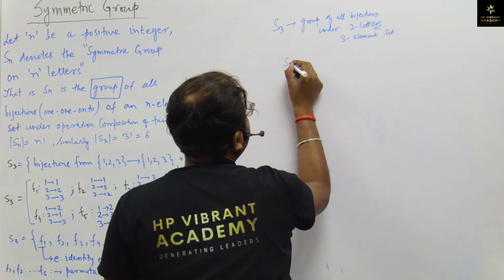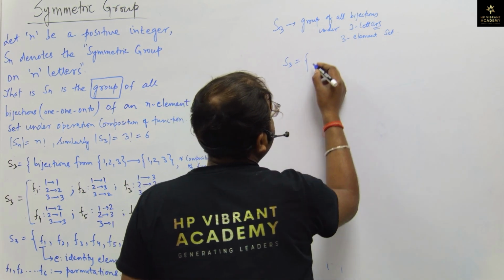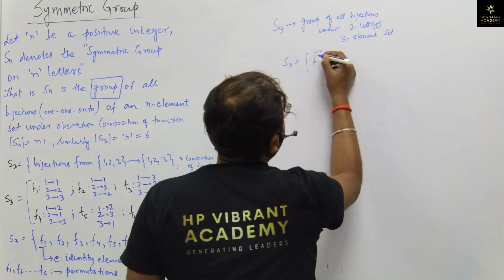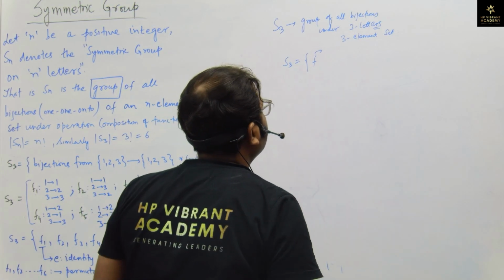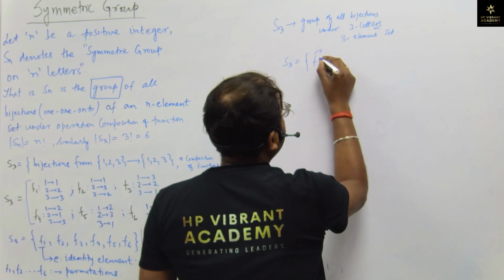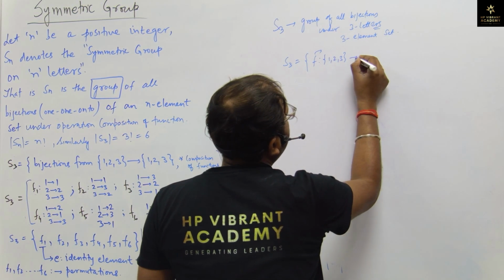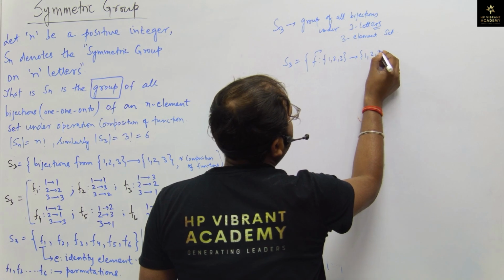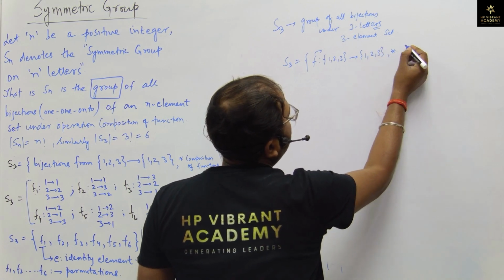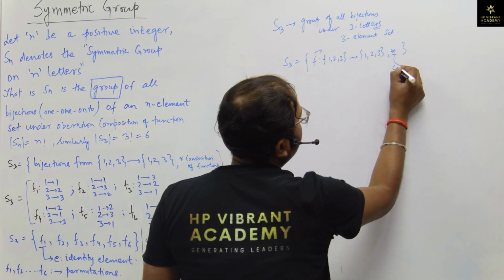So S3 is equal to the set of all bijections F, that is 1 1 onto mappings, from set {1, 2, 3} to set {1, 2, 3} under operation star, and this star is composition of function.